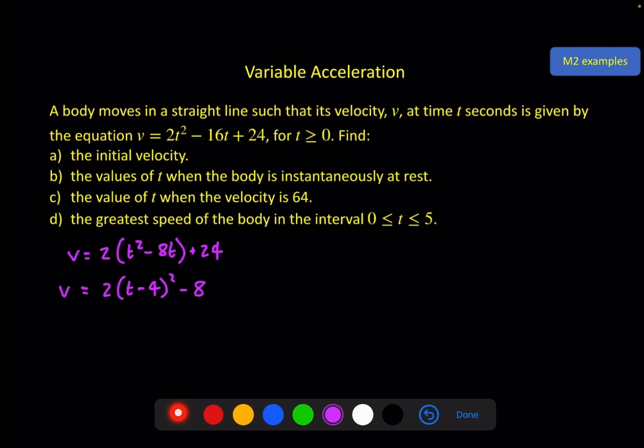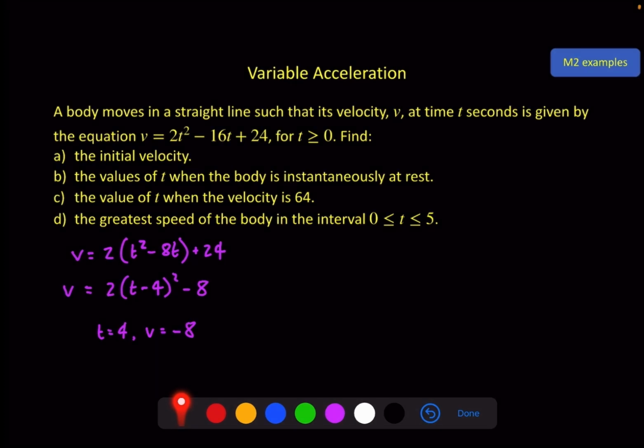And that tells me that the minimum or maximum point happens at t equals 4, and that gives v equals minus 8. Now what makes this more interesting is that I can't be sure that that is the maximum or greatest speed of the body. Either this is a minimum point, in which case it's probably not very helpful either way, or it's a maximum point, in which case because it's a negative value, it also will not be the greatest speed.